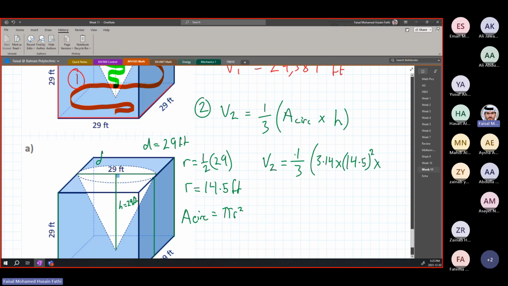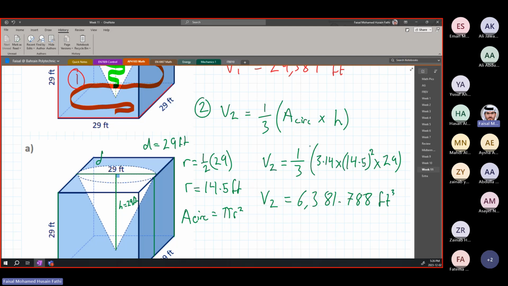What is the height? 29. V2, put this all in the calculator, calculate. So 1 over 3 times 3.14 times 14.5 squared times 29 is going to be equal to 6,381.788. Okay? Do not round here, we will round in the final answer. So this is feet cubed.